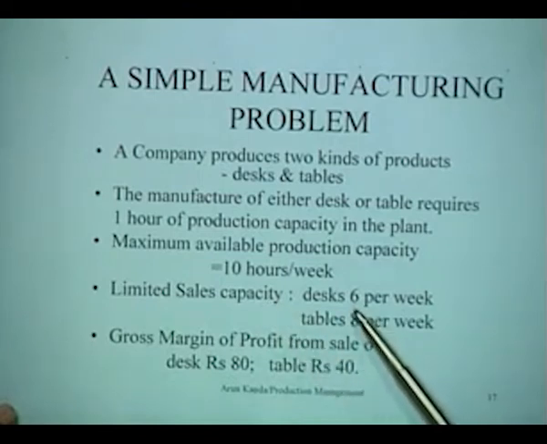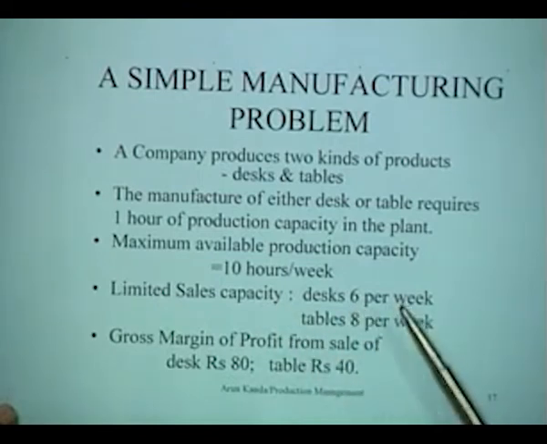You can sell at most 6 desks per week or 8 tables per week in that sense, and the gross margin of profit from the sale of the desk is 80 rupees and from the sale of a table is 40 rupees.